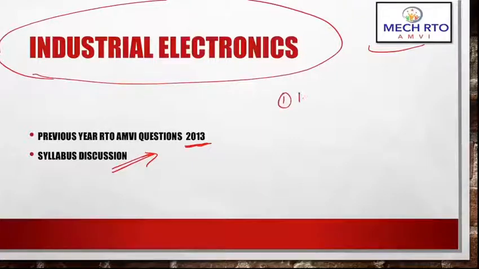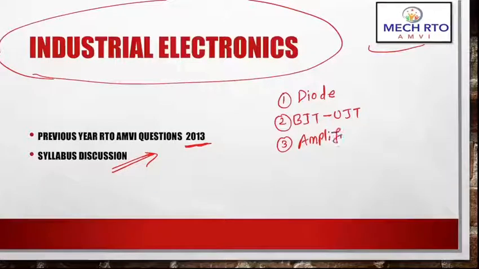The first chapter is your diode. The second chapter is your BJT, that is bipolar junction transistor, and unijunction transistor, not unipolar. The third is your amplifier, and the fourth is your microprocessor.